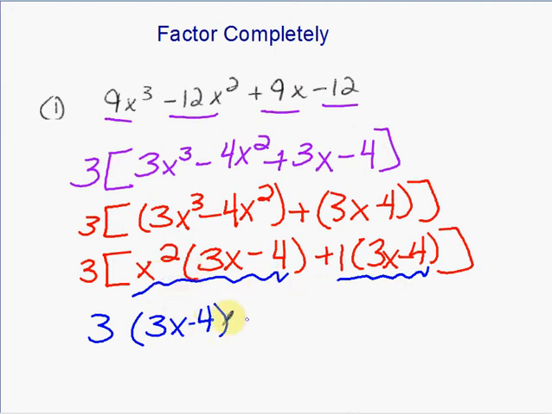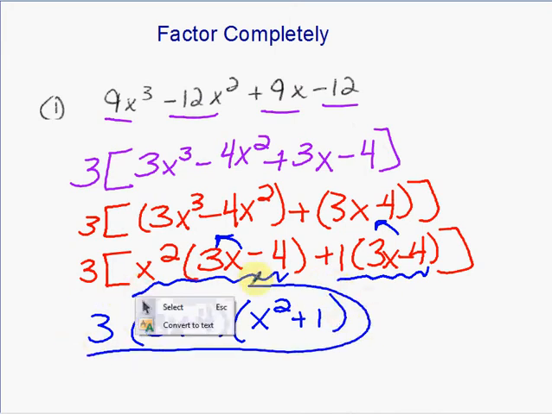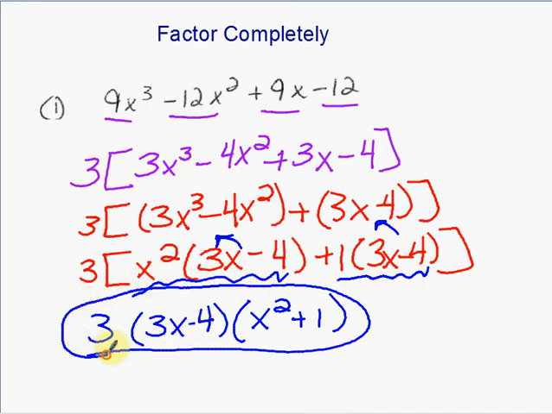What's left? If I factor out that 3x minus 4, there's an x squared left, and if I factor out that 3x minus 4, there's a 1 left, or a plus 1. So that's my answer. I'd say 3 times the quantity 3x minus 4 times the quantity x squared plus 1.